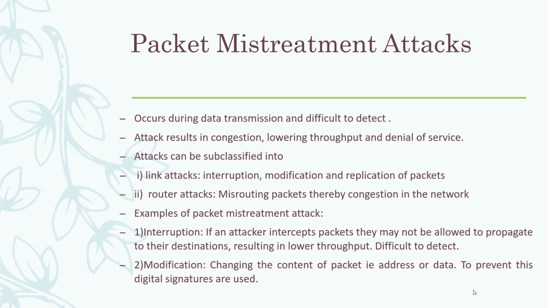Examples of packet mistreatment attack: interruption. If an attacker intercepts packets, then they may not be allowed to propagate to their destination, resulting in lower throughput, and it is also difficult to detect because even in normal operations routers can drop some packets for various reasons.